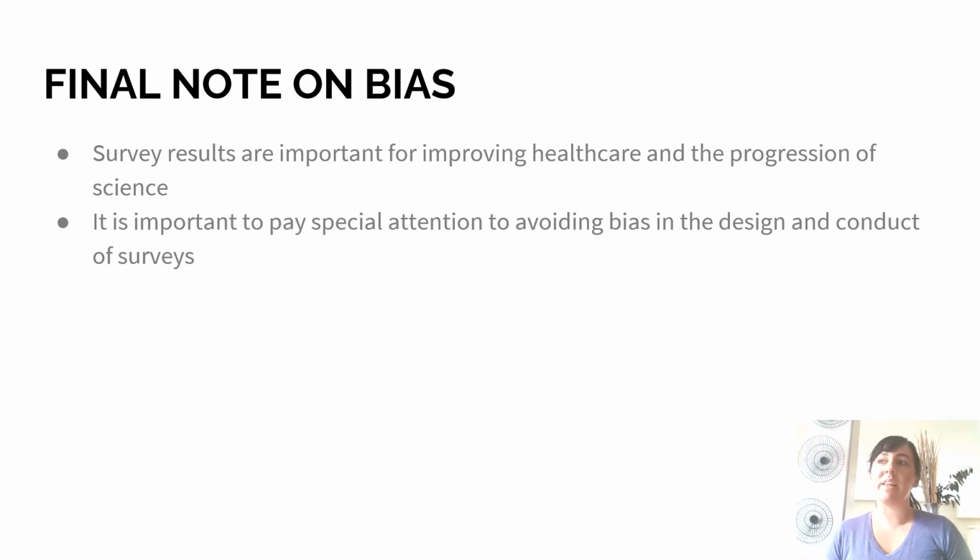And if your results aren't really reliable, then it's kind of a waste, okay? So it's very, very important to always pay special attention to trying to avoid bias in the design and the conduct of your surveys, okay?